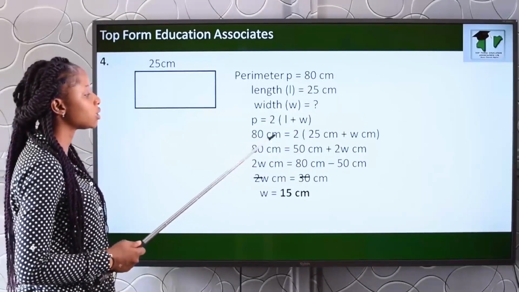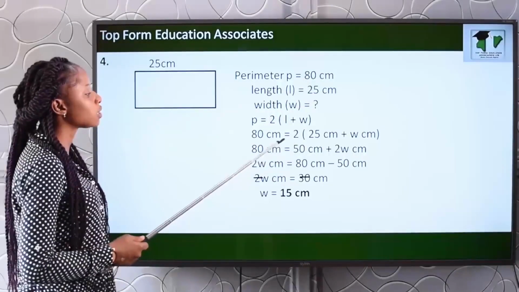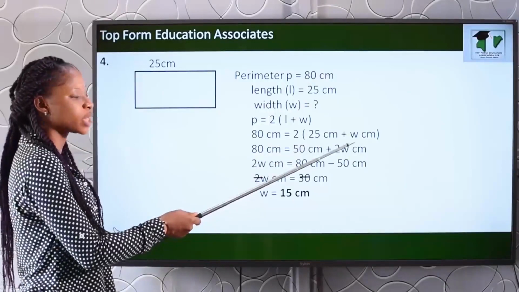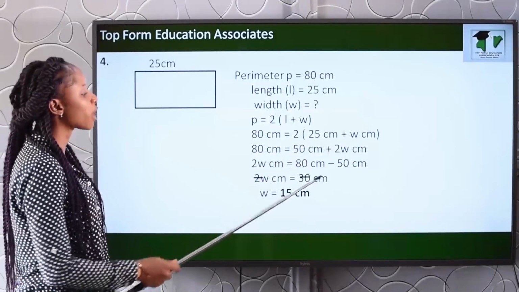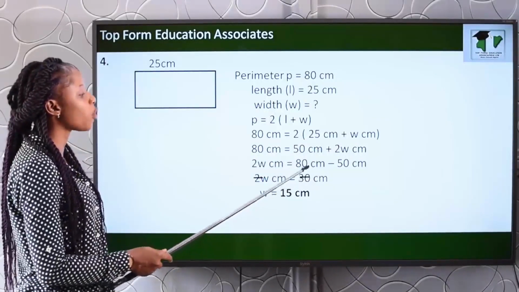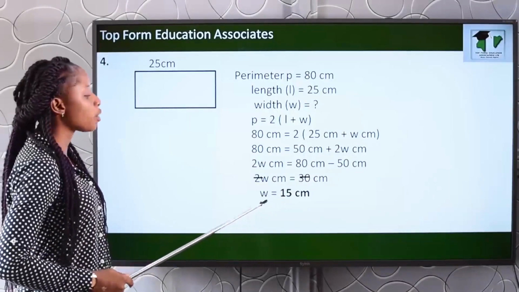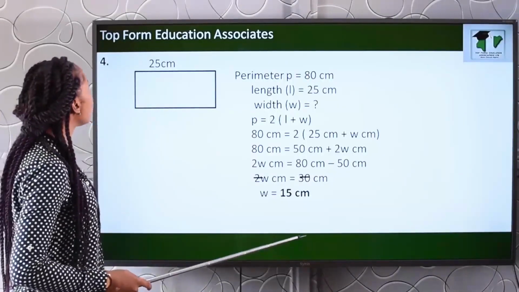So 80 centimeters equals 2 open bracket 25 centimeters plus the width, which is unknown. To get the width, we subtract 50 centimeters from 80 and we divide by 2. Therefore, our width is 15 centimeters. I hope you got that correctly.